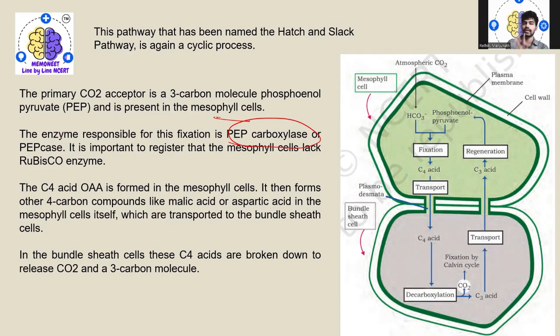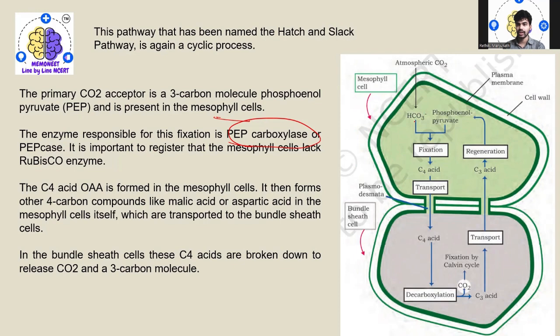It is important to register that the mesophyll cells lack the rubisco enzyme which we discussed in the C3 cycle. So what happens here is the C4 acid, that is OAA, is formed in the mesophyll cells.